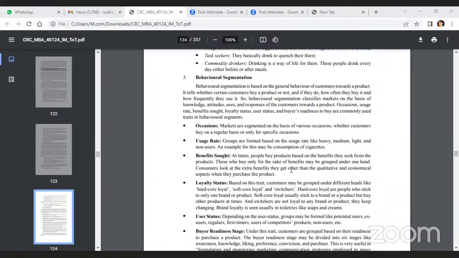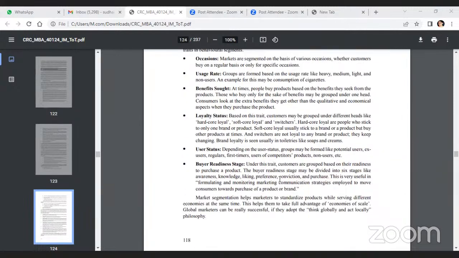For the sake of benefits only, they proceed to buy the products. The more the benefits, the more quality they expect. Loyalty status, they are just loyal, they usually stick to a particular brand or product. None other than that brand or product, they buy. Okay.